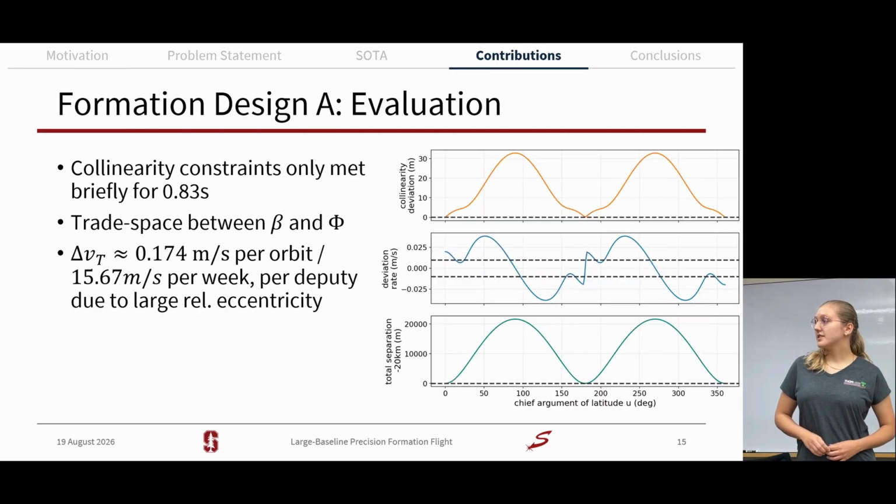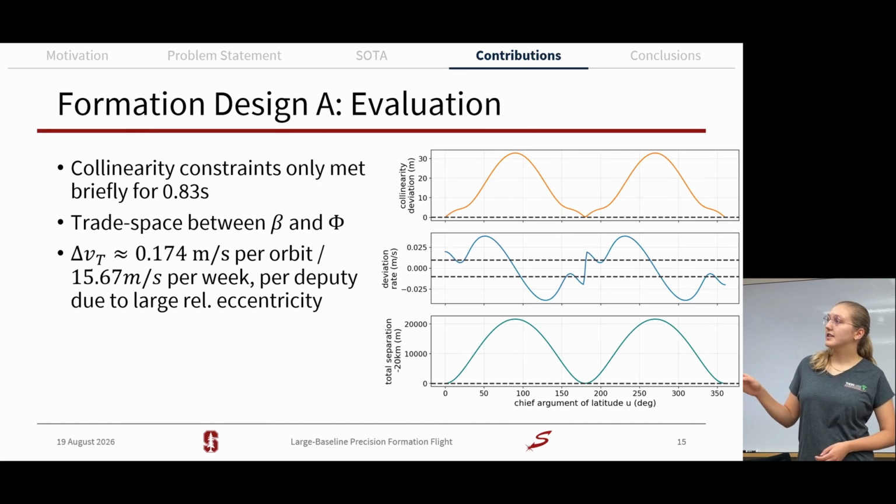So what this design reveals, this is again for beta equals 30 degrees and phi equals 90 degrees, is that the collinearity constraints here are very sparsely met.